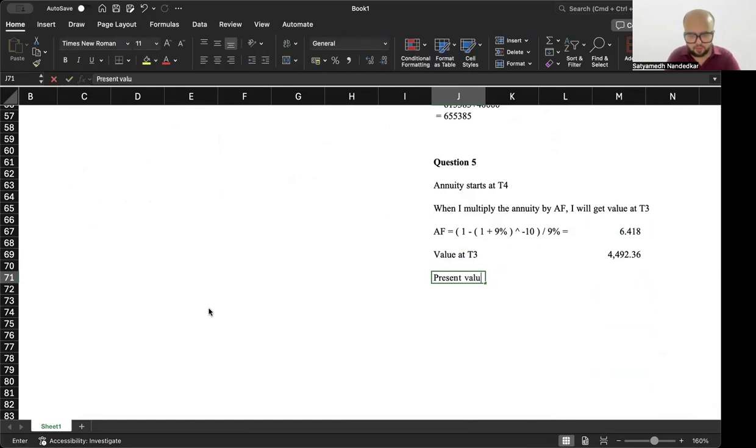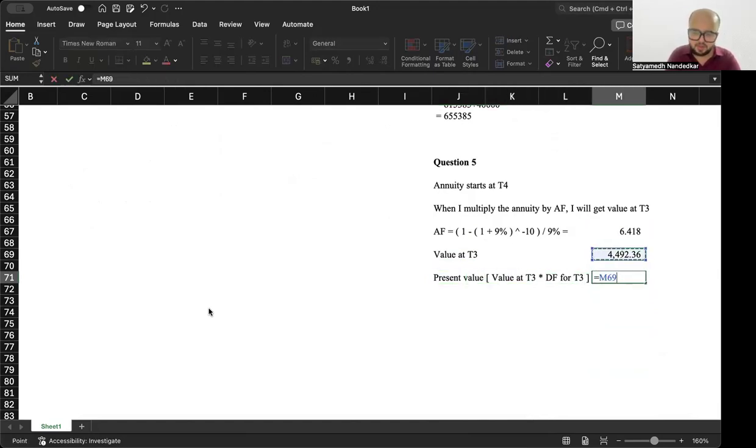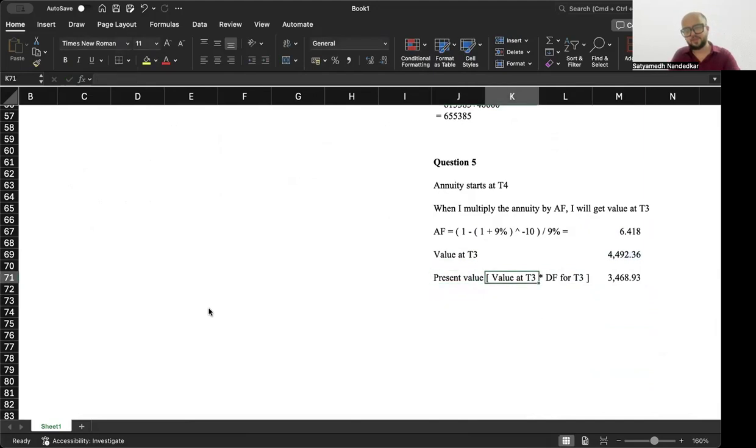So present value is value at T3 into discounting factor for T3, right? Which is this into 1 upon 1 plus 9% raised to 3. 3468.93.